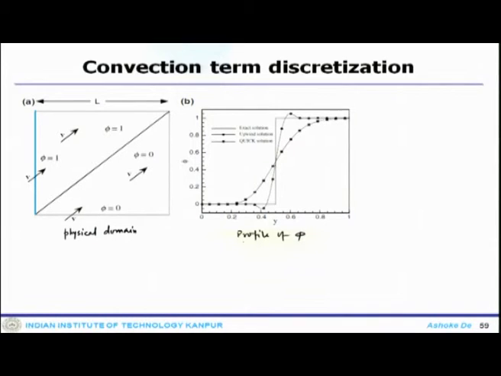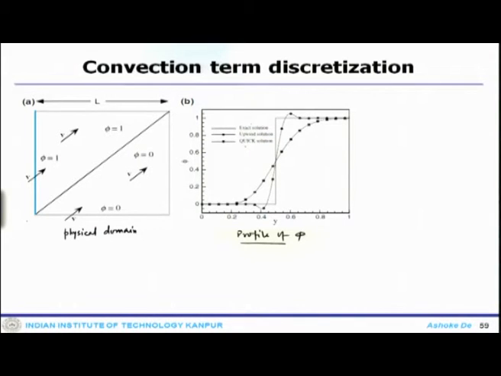Now, here when you look at the profile and compare with the exact solution along with the upwind scheme and the QUICK scheme, this comparison shows a lot of information which is very important. Due to the absence of diffusion, the exact solution is phi equals 1 above the diagonal and phi equals 0 below the diagonal.